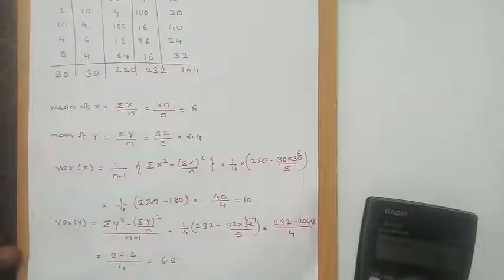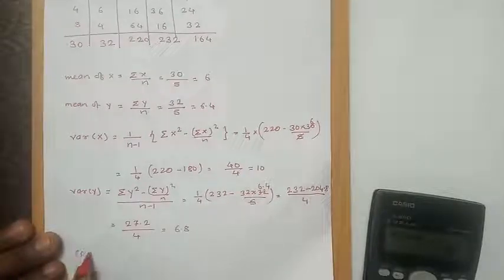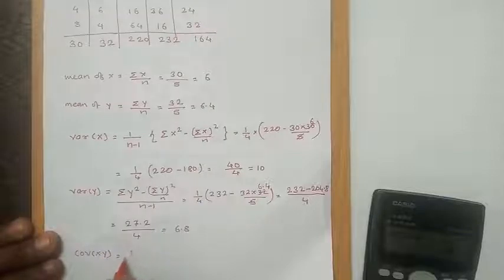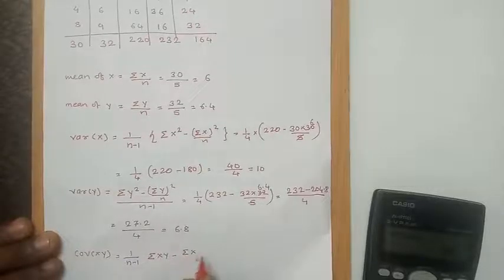Now we will calculate the covariance of x and y. Covariance of xy is given as 1 by n minus 1 summation xy minus summation x summation y divided by n.